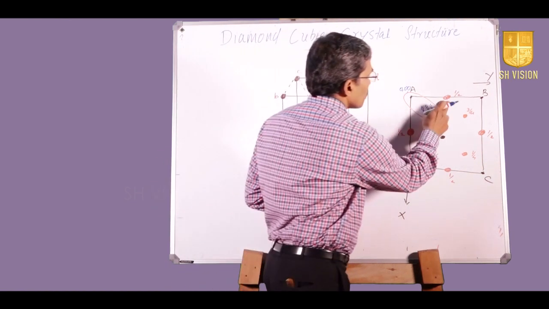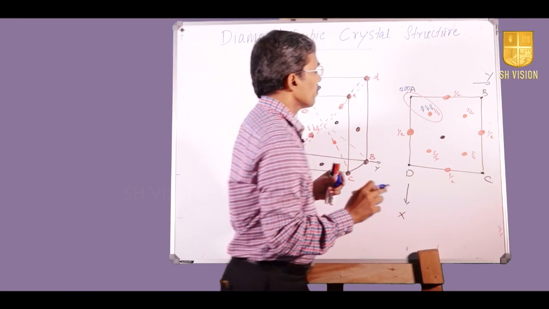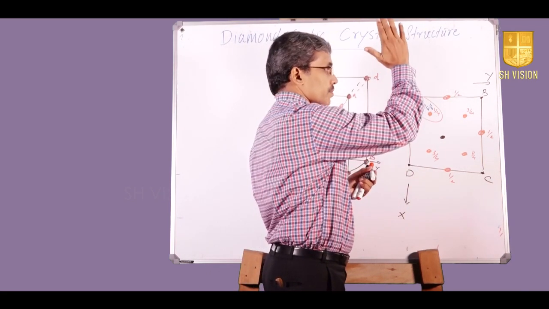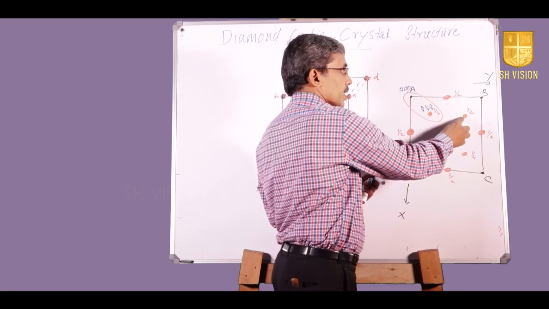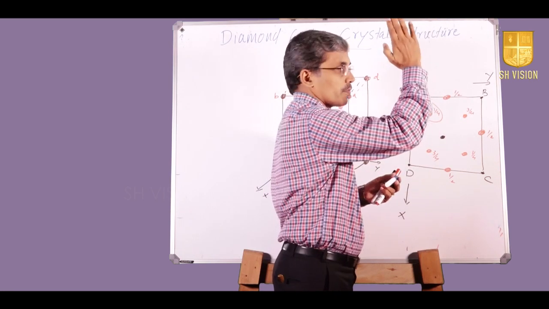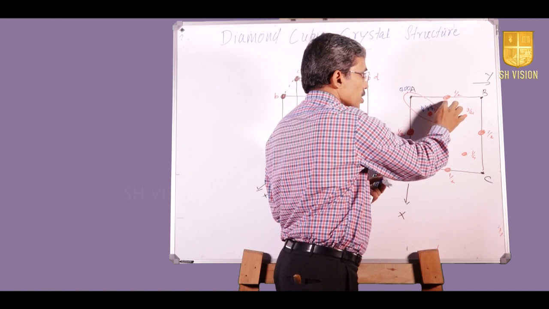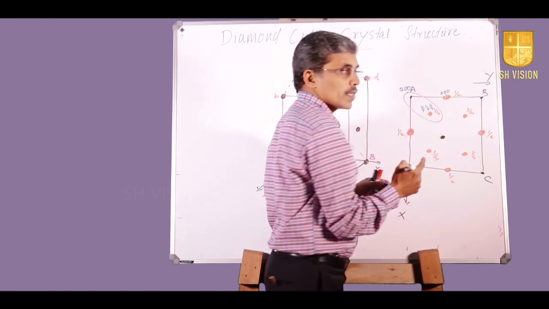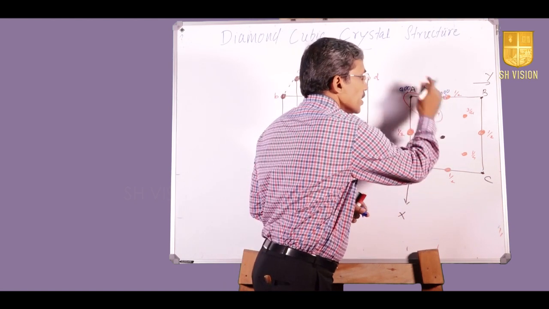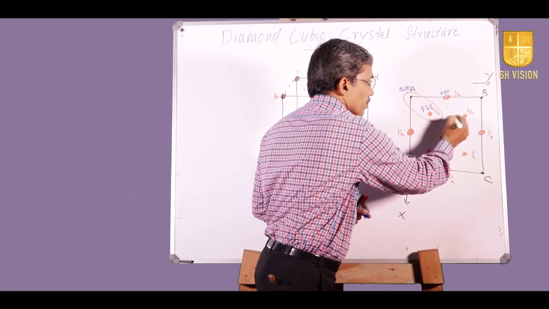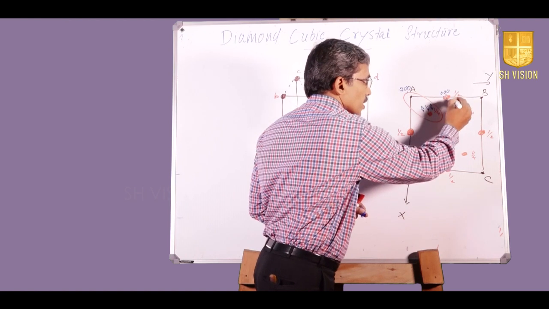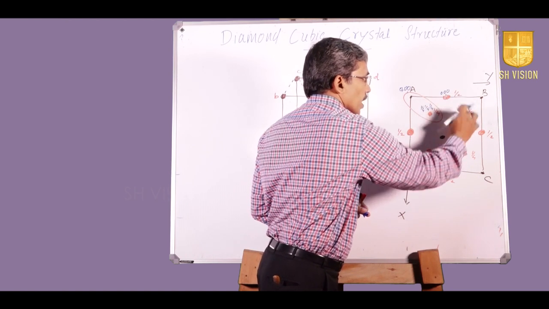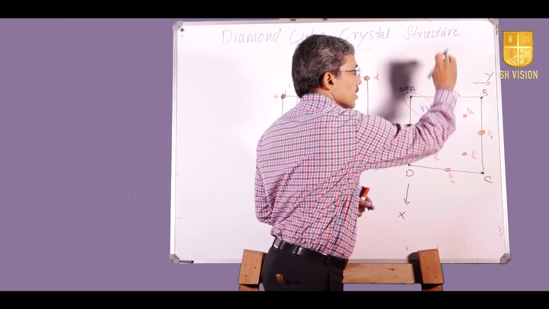Now let us see these 2. This one is at the vertical plane half unit above, and this one is at vertical distance 3/4 above. Therefore, if I call this one 0, 0, 0, this one will again be 1/4 distance from here and 1/4 distance from here, because this is half unit and this is 3/4 above.